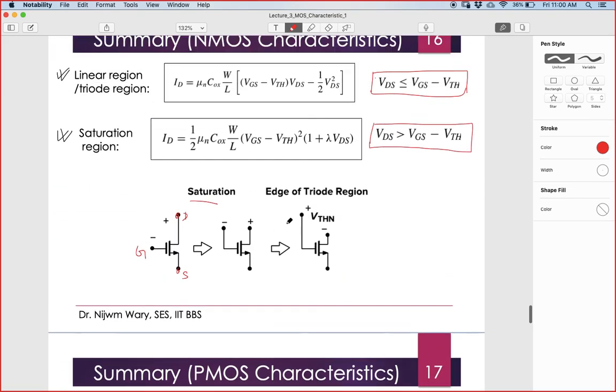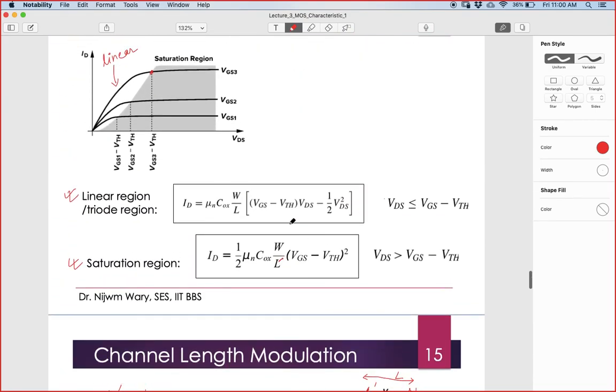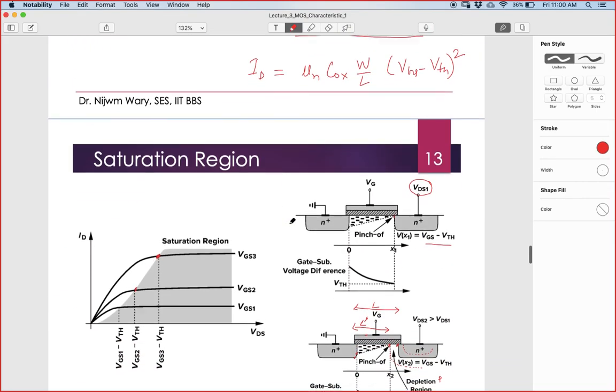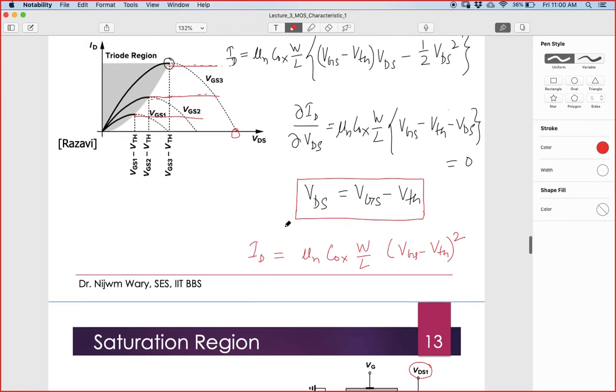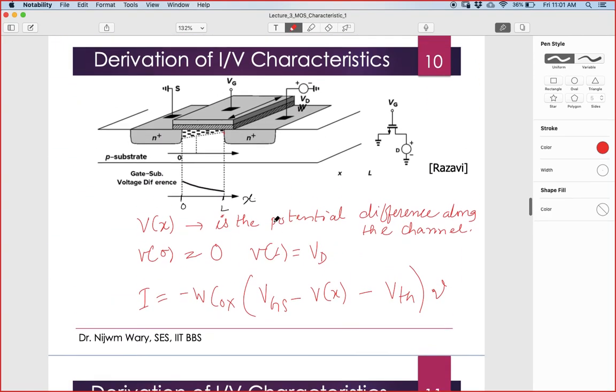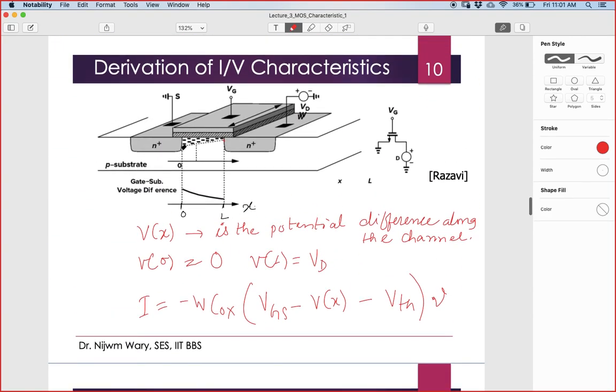Let's go back. Here, what happens when this potential is very small? The channel is almost constant, there is no gradient. Because of which it acts like a simple resistance.